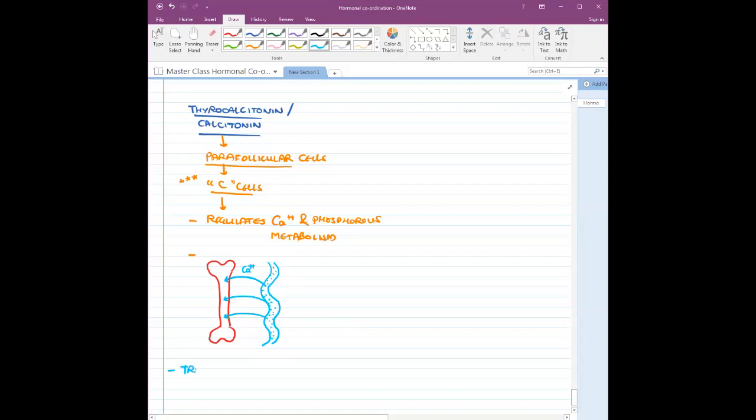It just helps in the transfer of calcium and phosphorus from the blood into the bones, and that is why it is going to make the bones really strong.